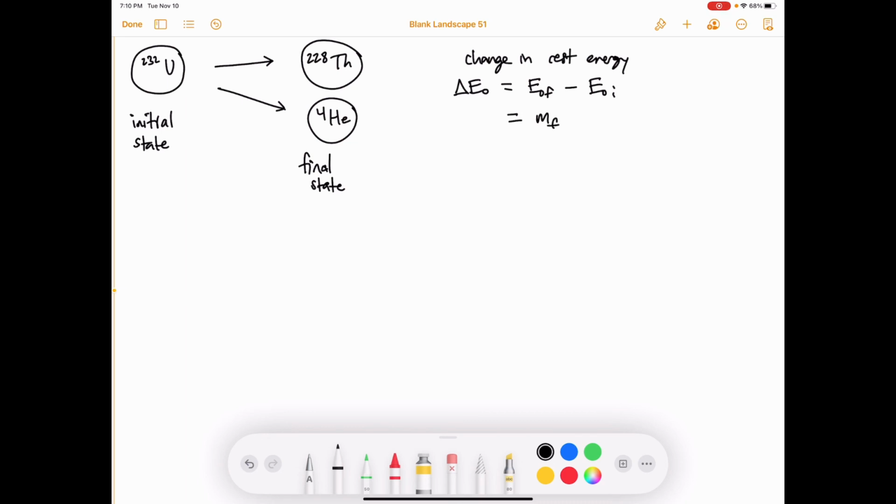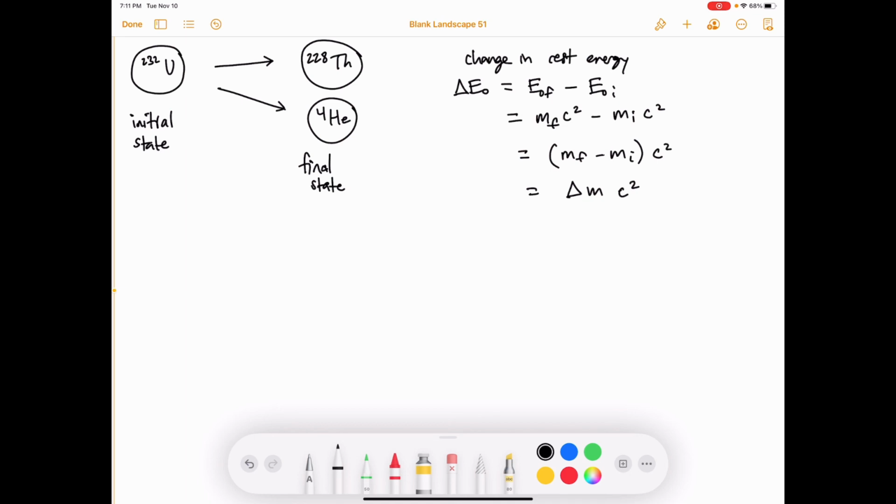So we have m final times c squared minus m initial times c squared, which we can factor: m final minus m initial times c squared, or in more compact terms, delta m, the overall change in mass, times c squared.